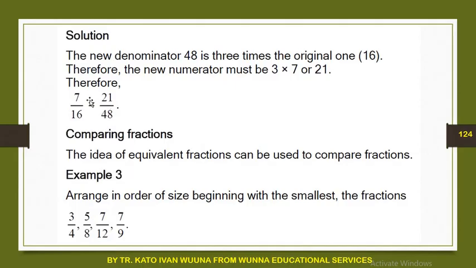So meaning that 7 over 16 is the simplified fraction or form of 21 over 48. They are the same.